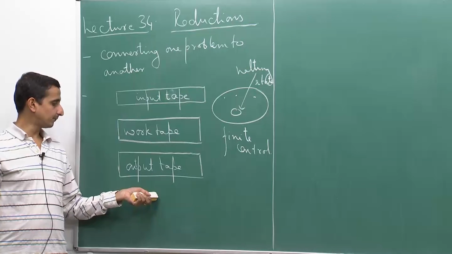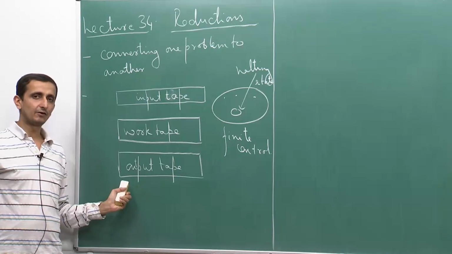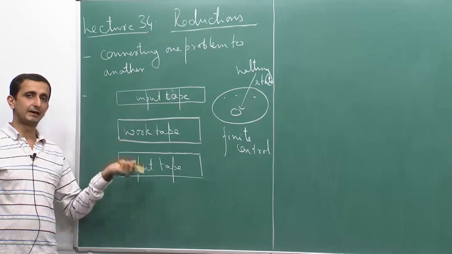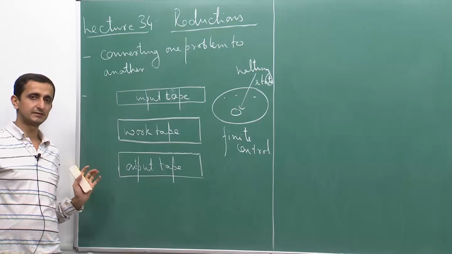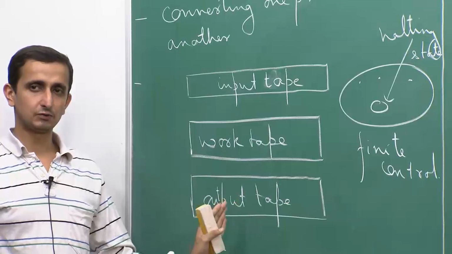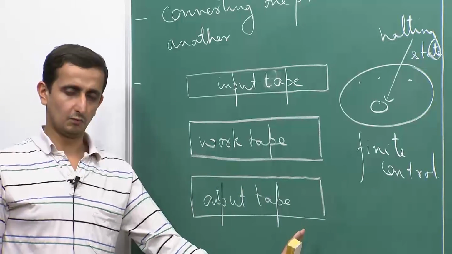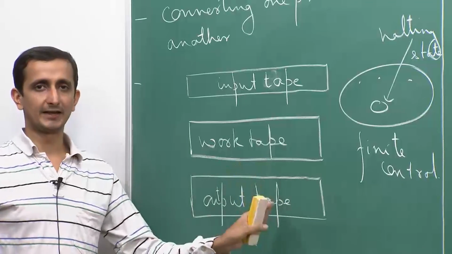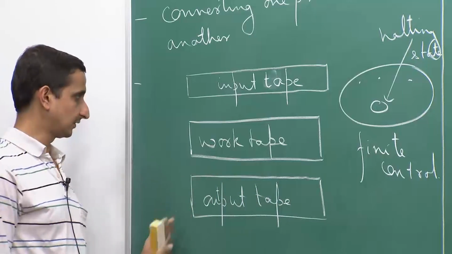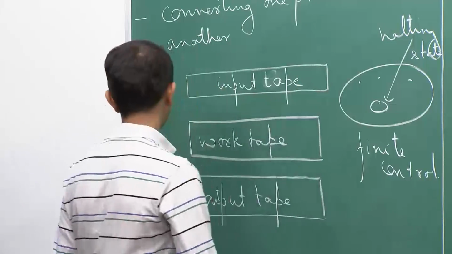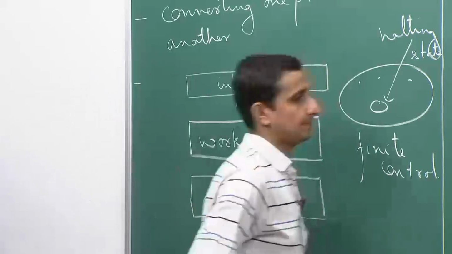The output tape has the property that I can only write bits to it, but I cannot read whatever I have written earlier. So, in some sense it is a one directional tape. Whenever I write a bit, I move one cell to the right and I keep on doing it, I can never come back and read something.